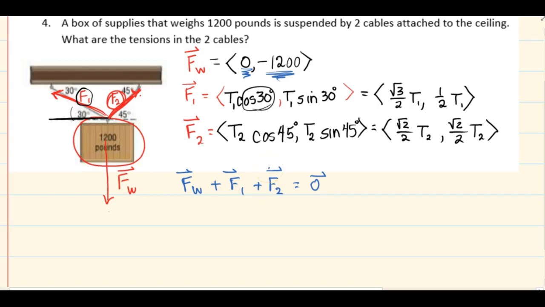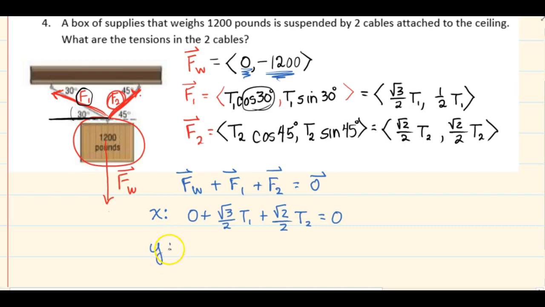So if you think about it, we're going to say, all right, if I add up all the x's, so I'm going to do horizontal components, from FW, I'm going to get 0. From F1, I'm going to get the square root of 3 over 2 T1. And for F2, I'm going to get the square root of 2 over 2 T2. And that has to equal 0.